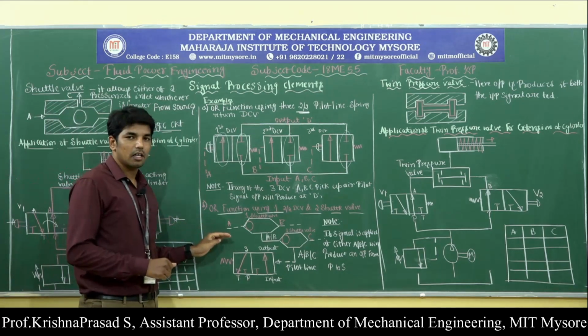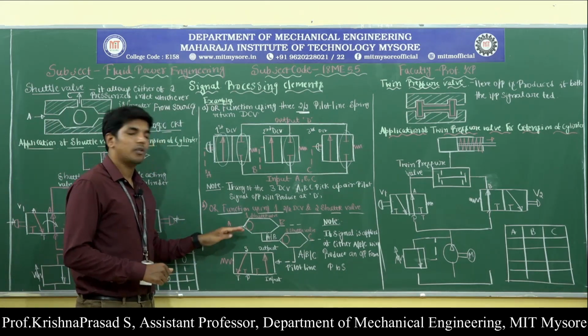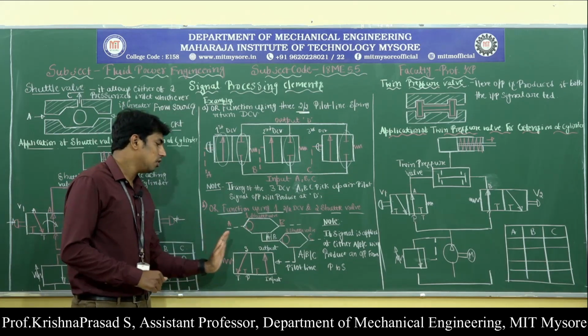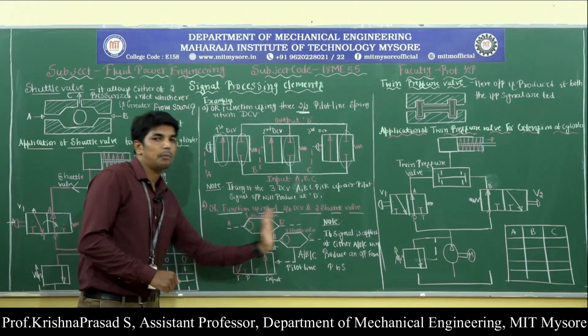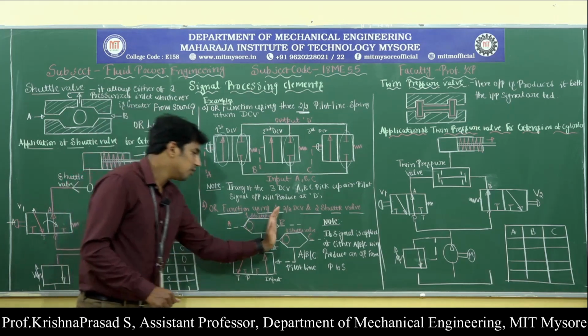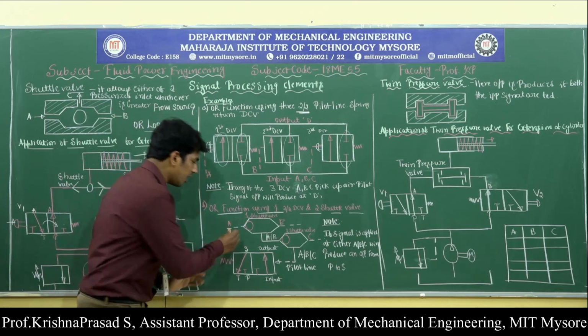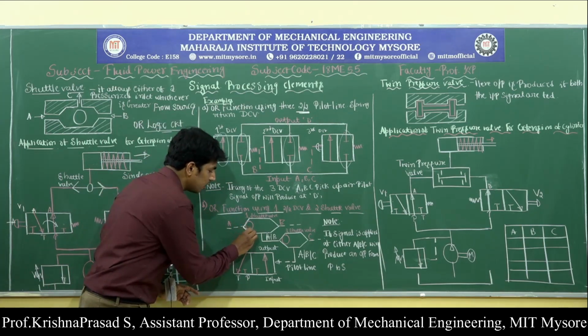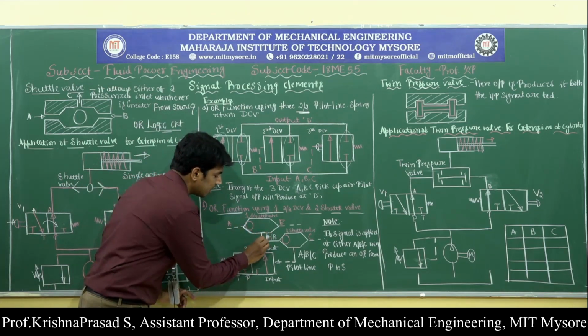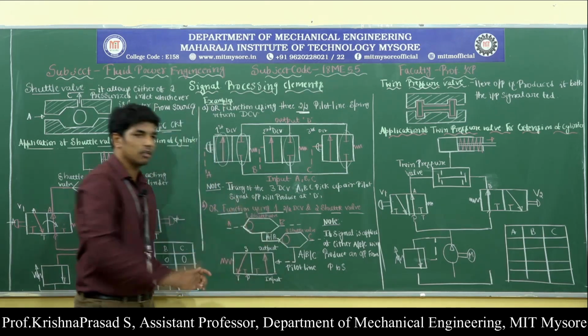In the working condition, what happens? If the compressed air is applied at inlet port A, this causes the ball to shift towards the right position, then it blocks the inlet port B, and the compressed air from inlet port A enters into the second shuttle valve.